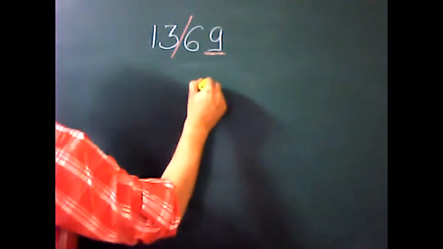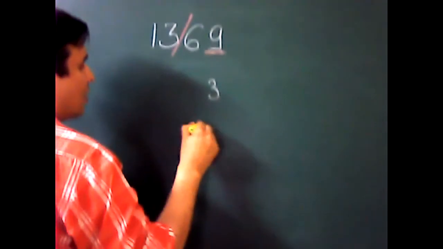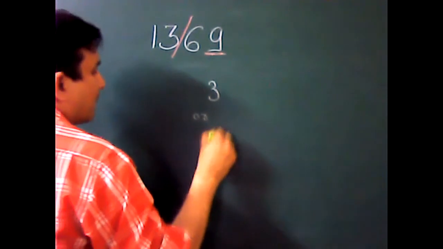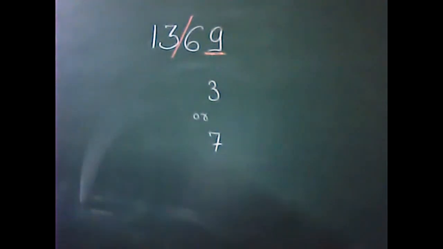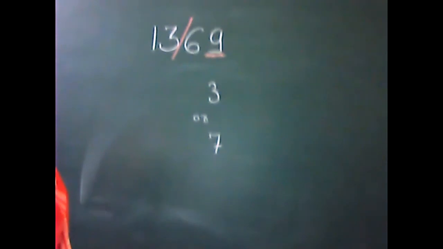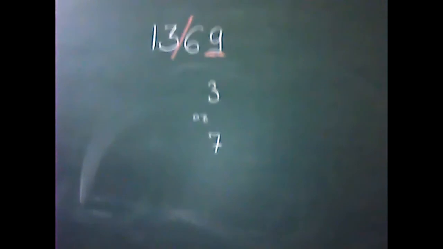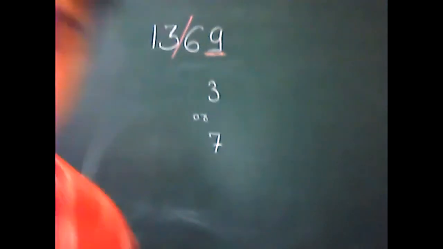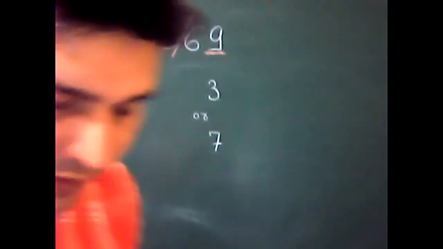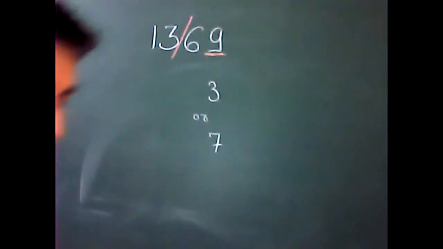The perfect square is ending in 9, so its square root will end in 3 or 7. Correct. Is the first part clear to everyone? I have just written two digits, 3 or 7.